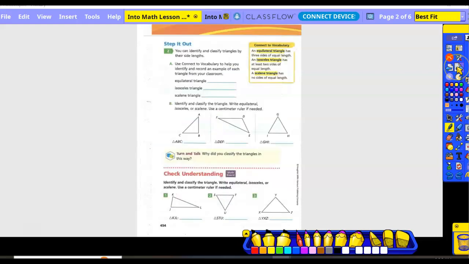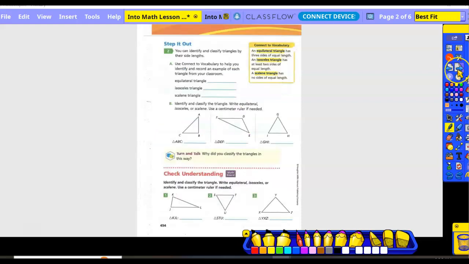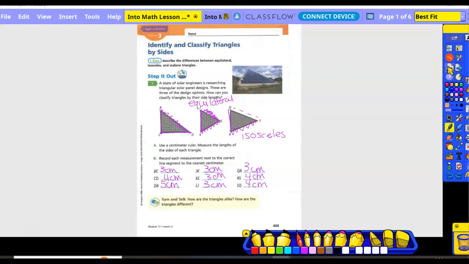Okay. Then an isosceles triangle has at least 2 sides of equal length. So which one would be the isosceles, the first or the last? The last. Okay. And then we have a scalene triangle. It has no sides of equal length. So that would have been the first one.